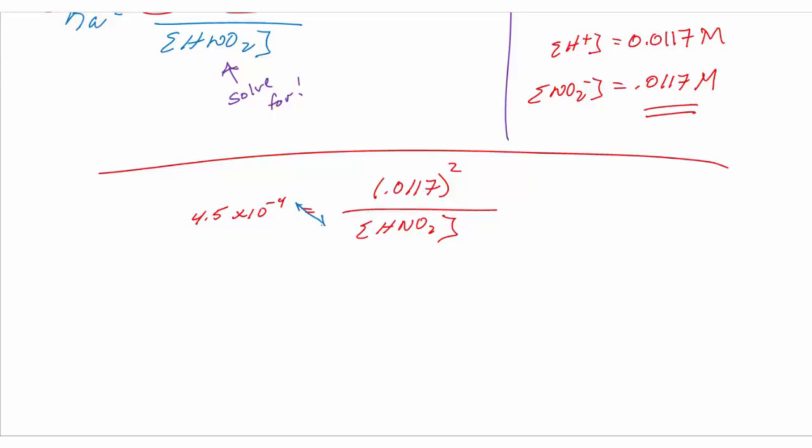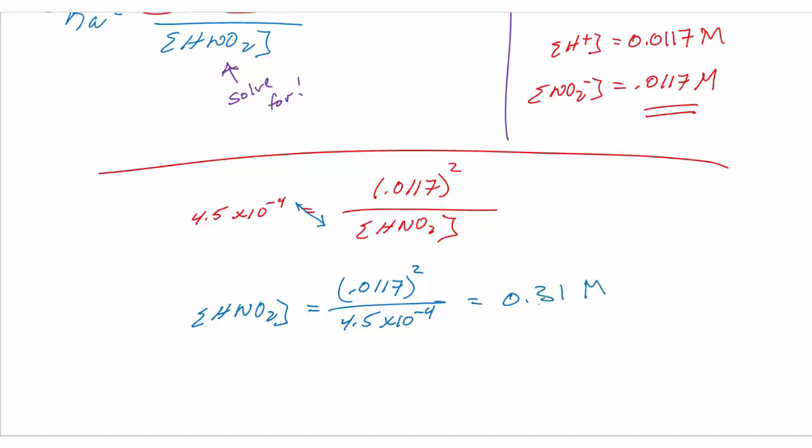Just switch those two, and you'll have it. The concentration of HNO2 is going to be 0.0117 squared divided by 4.5 times 10 to the negative 4, about 0.31.